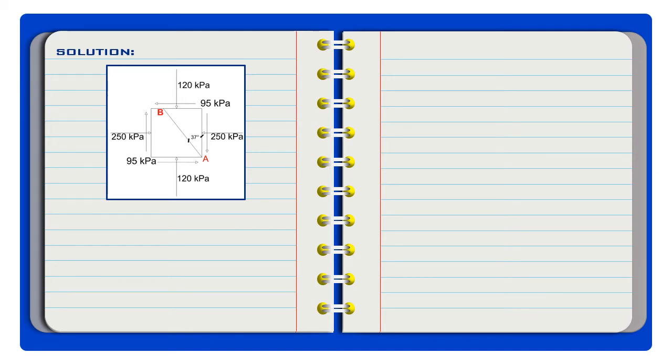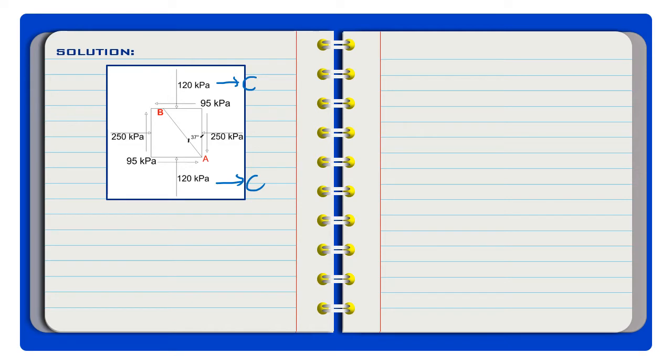Yung normal stresses natin consists of the vertical normal stress which is 120 kilopascal and yung horizontal normal stress na 250 kilopascal. Ngayon, yung 120 kilopascal na nag-a-act sa top and sa bottom horizontal plane are both towards the element. Therefore, these two will be in compression.